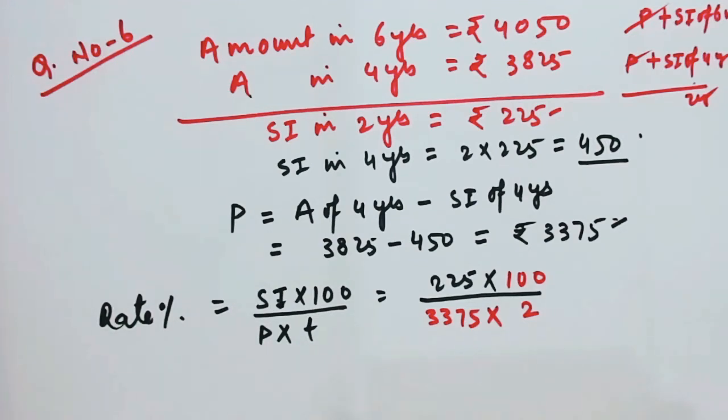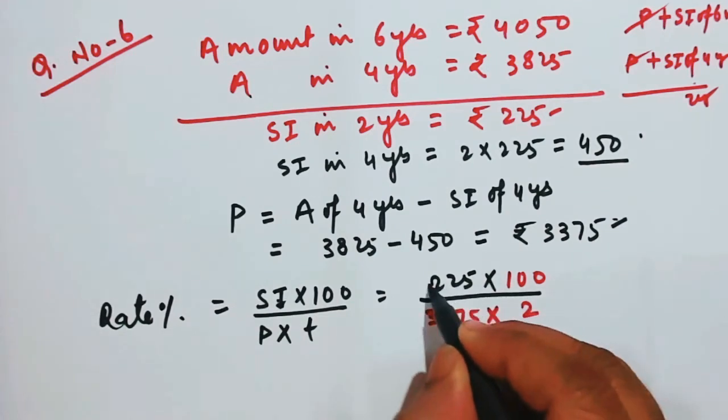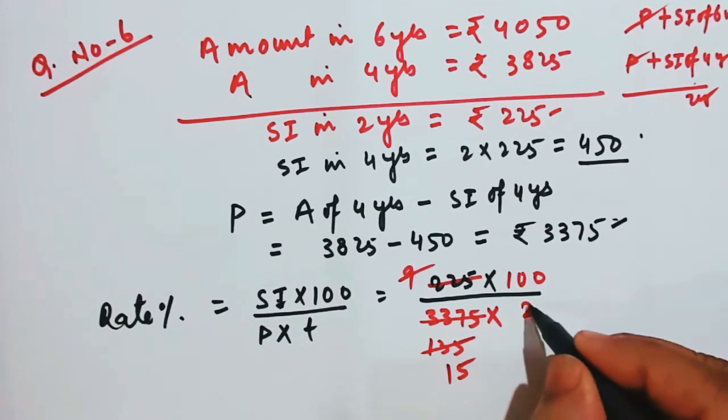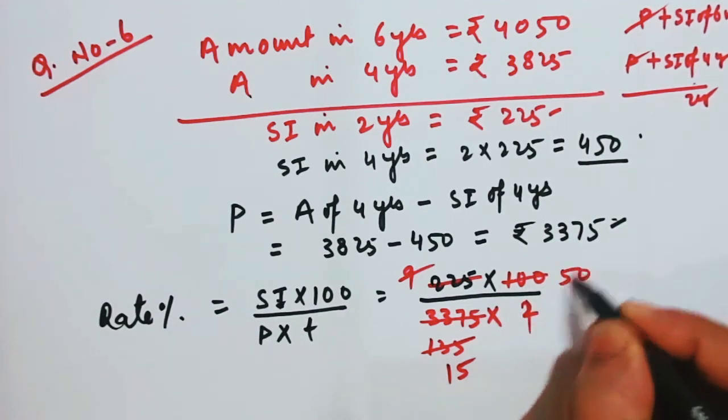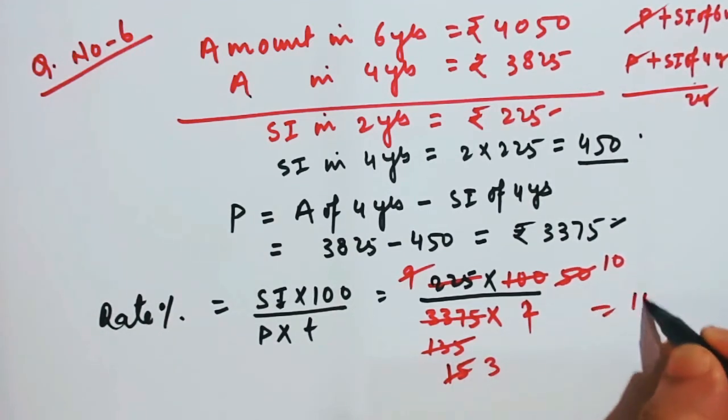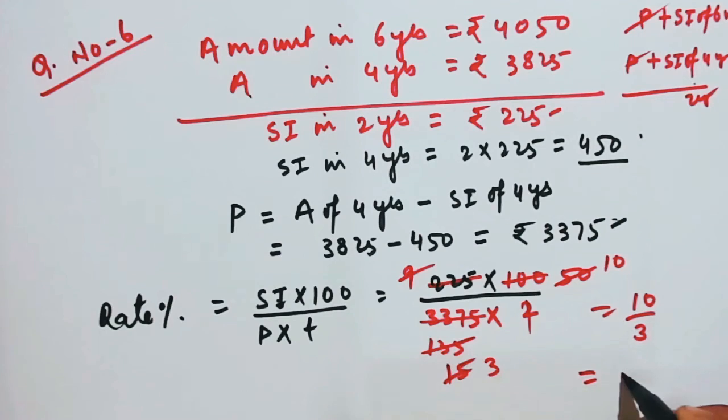So how to solve? 25 9 times is equal to 225, while 25 135 times. 9 ones are 9, 9 fives are 45. 2 how many times? 250, while 5 10 times and 5 3 times is equal to 10 by 3, which will give you 3 1 by 3 percentage. I think there shouldn't be any kind of issues.